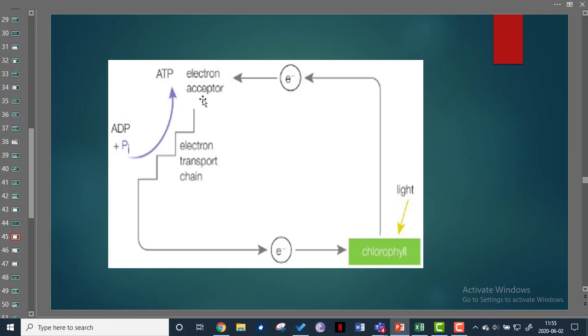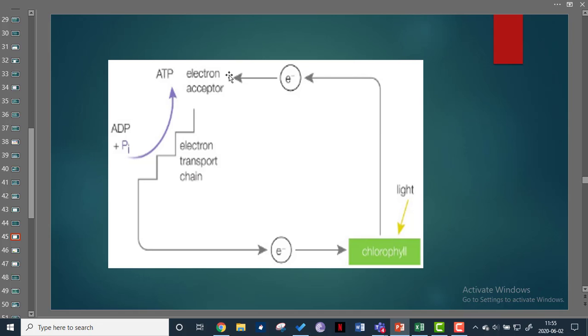What we are seeing here is the cyclic type of photophosphorylation in this diagram of mine, whereby once the chlorophyll molecules lose electrons, the electrons gain energy and move to higher energy states, as you can see in this diagram.